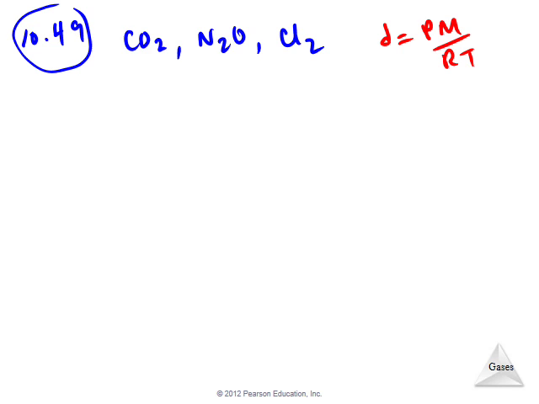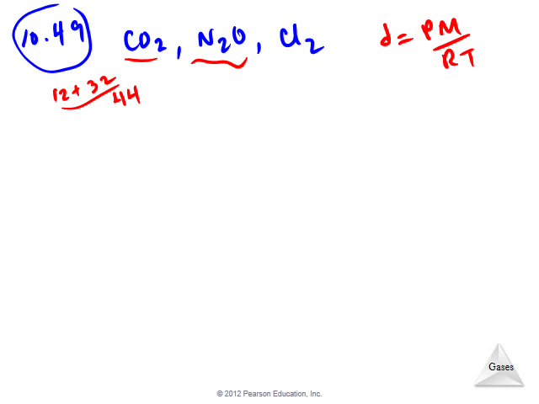So basically, density is going to increase when molecular weight is increased. Density is going to decrease when molecular weight is decreased. So let's now figure out these molecular weights. For carbon dioxide it is 12 plus 32. Looking at the periodic table, we get these numbers. So that's 44.